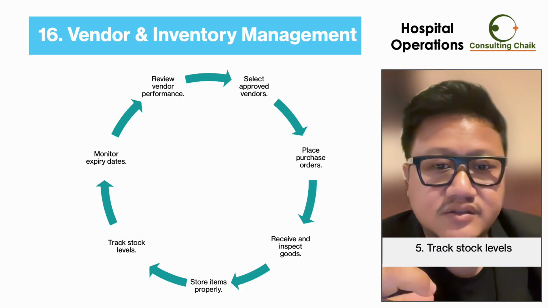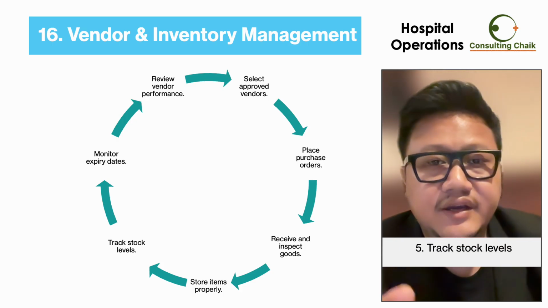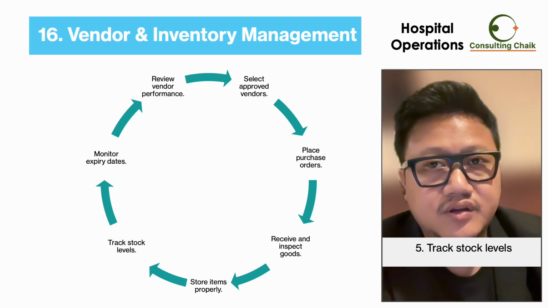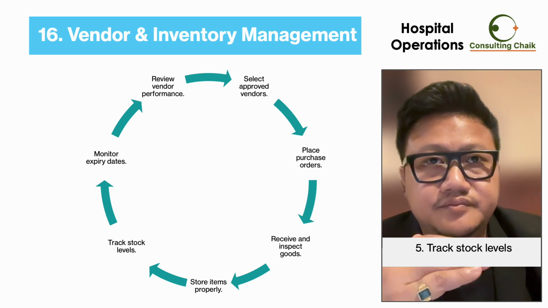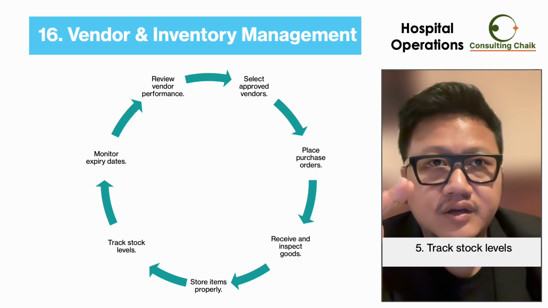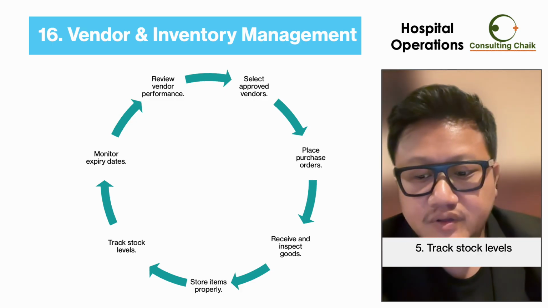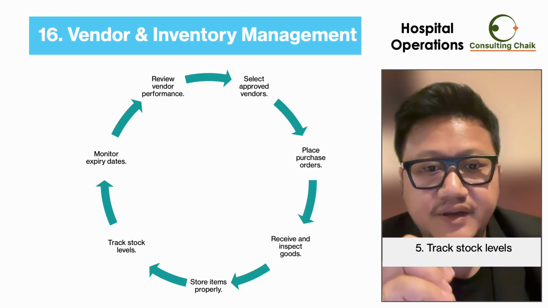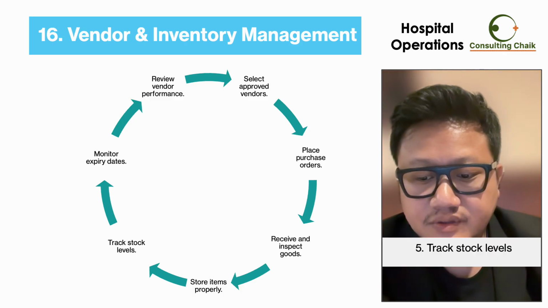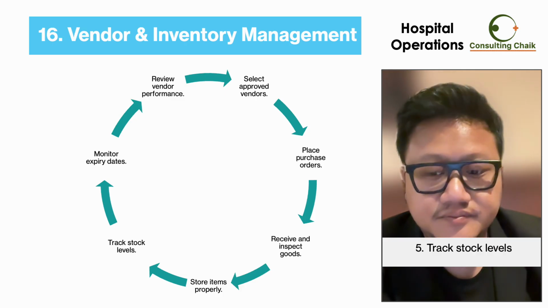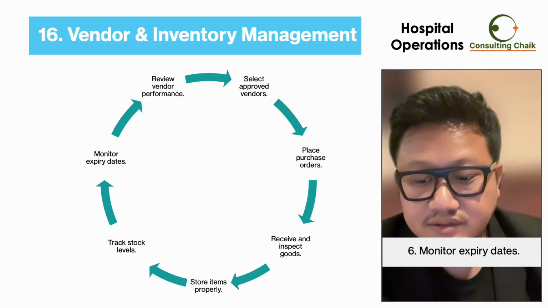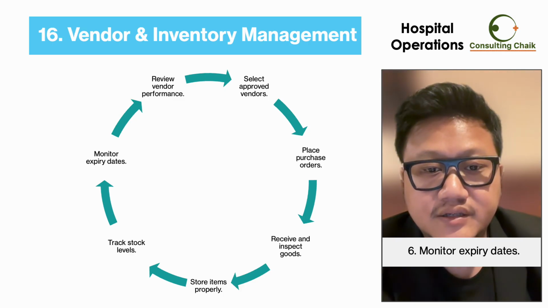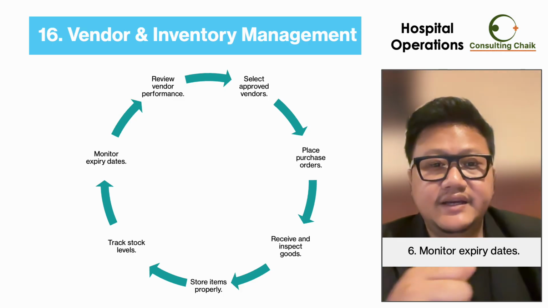Then track stock levels. You have to define your reorder level, your buffer stock, and your full stock level, so that you're not short of supplies, especially emergency medicines. And then you need to monitor expiry dates.